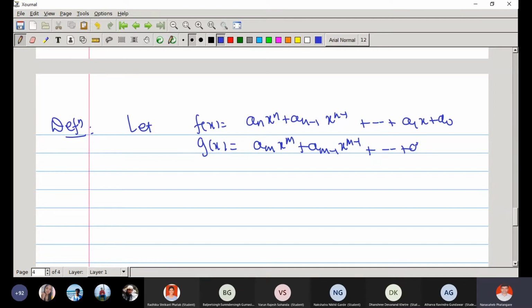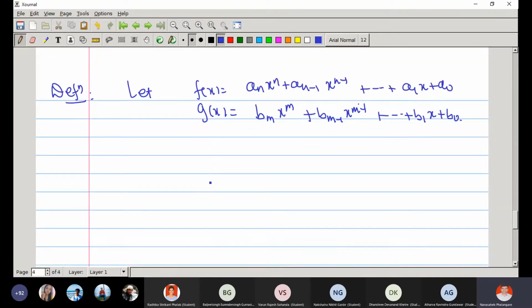I should use different notation here because this polynomial is different, so its coefficients are also different from the previous polynomial. Now what is the degree of f? What is the degree of f?